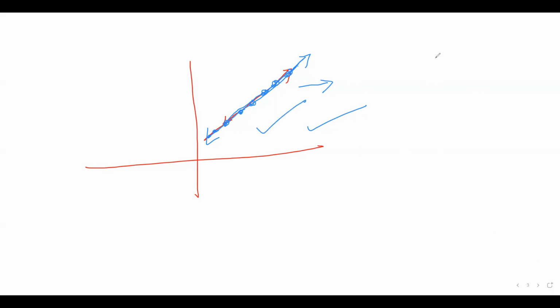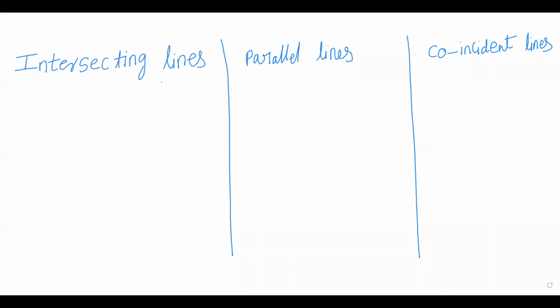So please remember these points. When you draw the graph of pair of linear equations, you may get intersecting lines or parallel lines or coincident lines, both lines falling on one another.